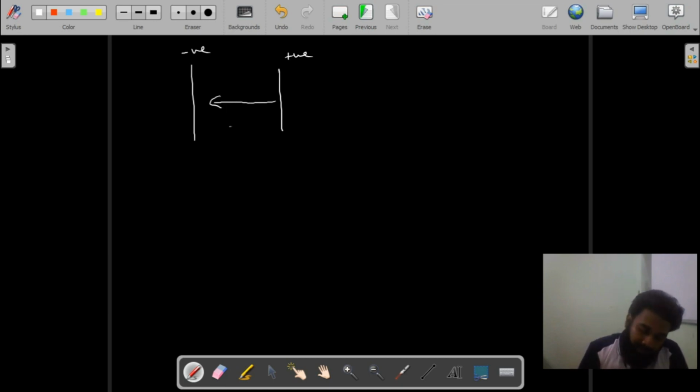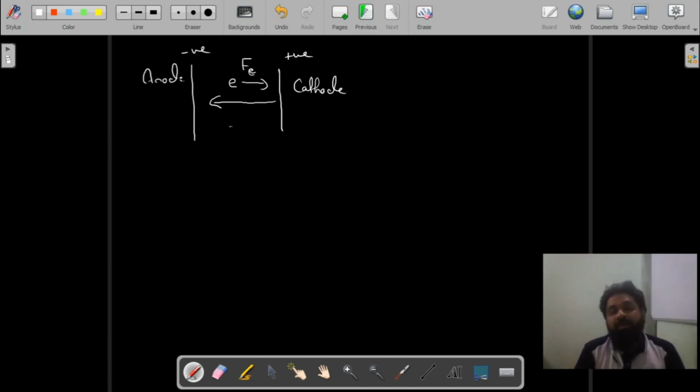If an electron is there, there will be an electrostatic force, Fe, towards the cathode, that is positive. And there will be a battery force due to the battery mechanism. This force is provided by the chemical reaction happening inside the cell, and it acts towards the anode on the electron.